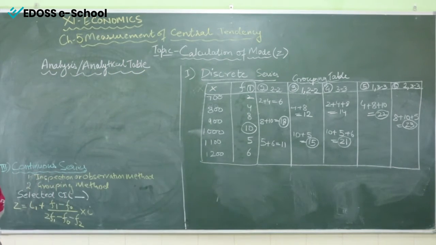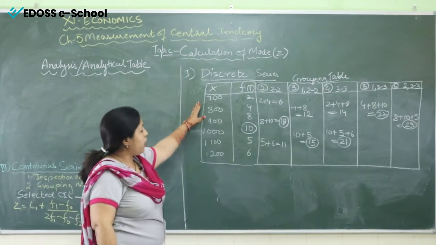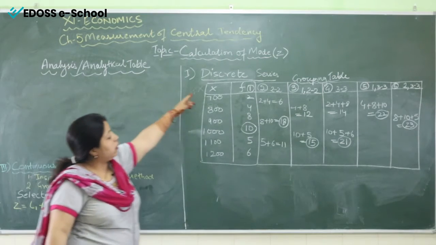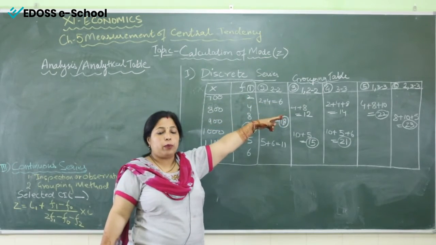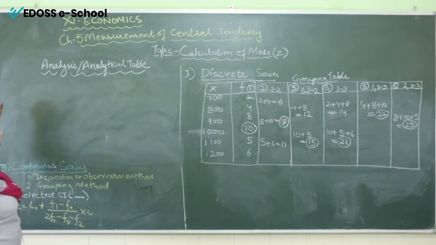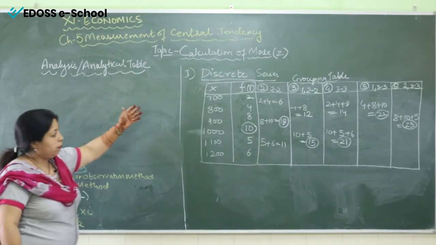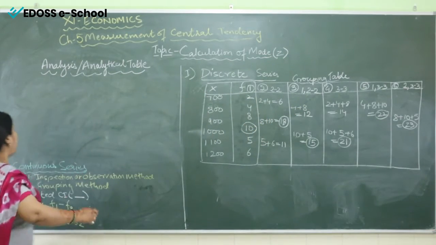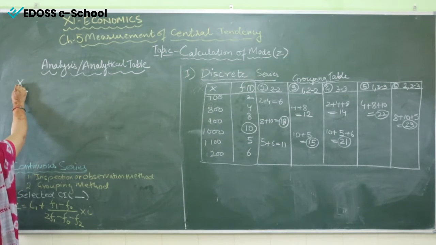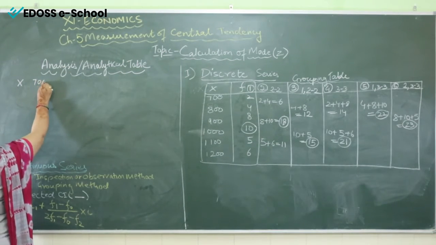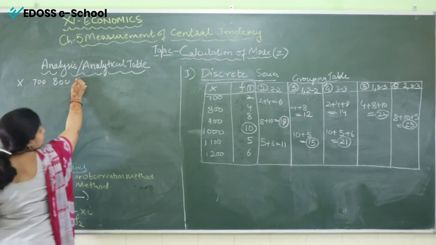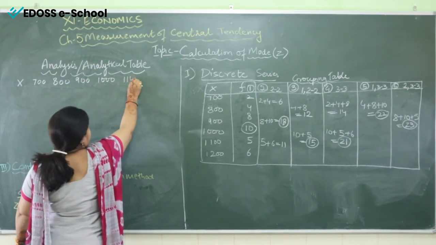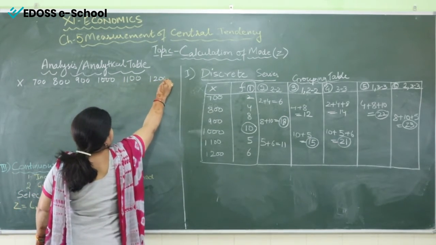In this table now what we have to do? These numbers, the data x, we have to present it horizontally. And these groups, 1, 2, 3, 4, 5, the frequency groups, we have to write them vertically. We have to opposite them out. Mean this is vertical, we will make it horizontal. This is horizontal, we will make it vertical. How? See, we will write x, and what are the numbers for x? 700, 800, 900, 1000, 1100 and 1200.